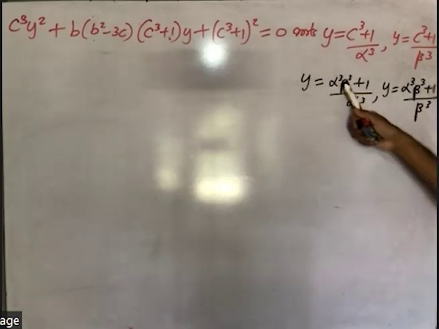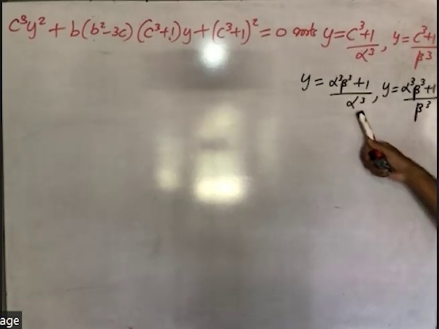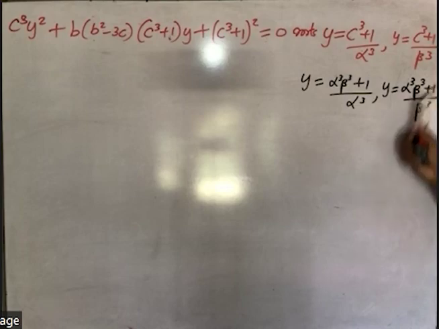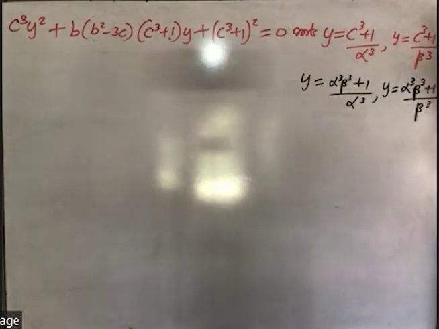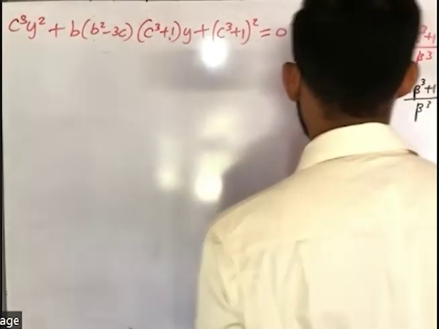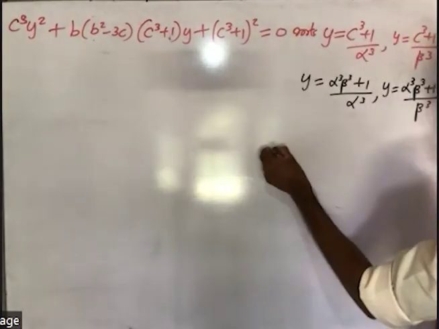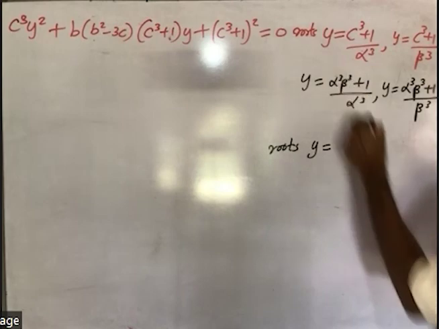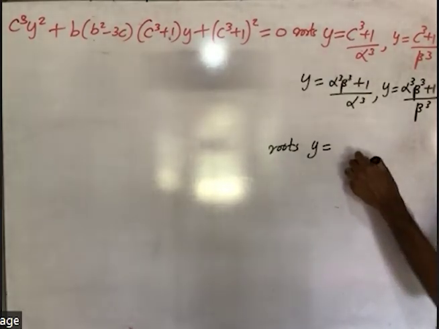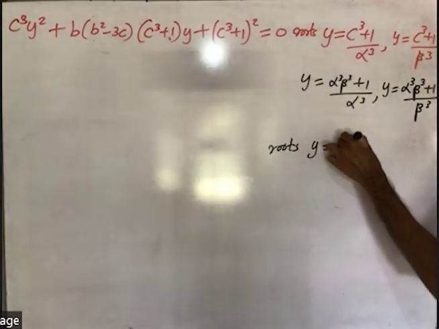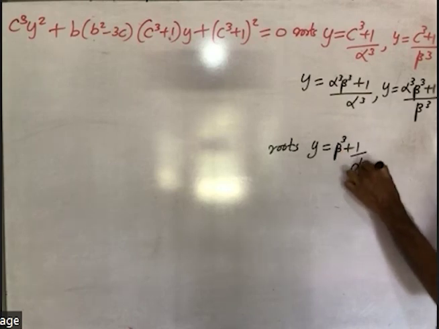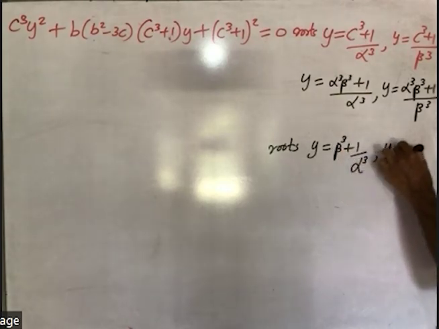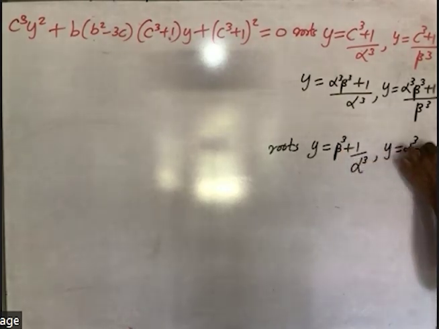Now if we divide this separately by alpha to the power 3 and here beta to the power 3, we get the roots we want. Right? Therefore, the roots we want, we get if we divide by alpha to the power 3: beta to the power 3 plus 1 over alpha to the power 3. Here we get alpha to the power 3 plus 1 over beta to the power 3.